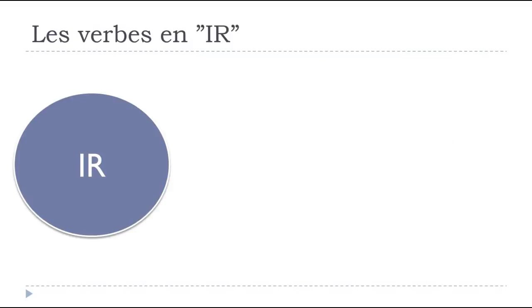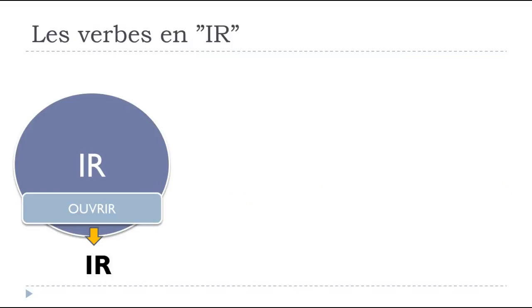So the verbs ending with ER, and in that case, I thought it might be interesting to take the verb ouvrir. Ouvrir is to open, so it's quite useful. The idea is that this final ER will be taken away to get the stem, the root.